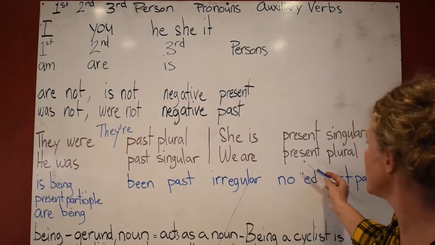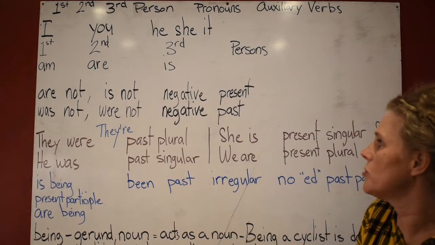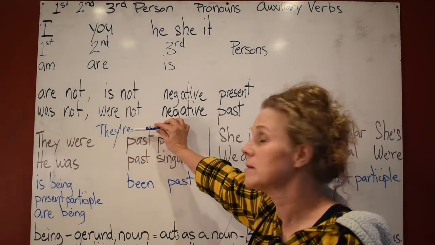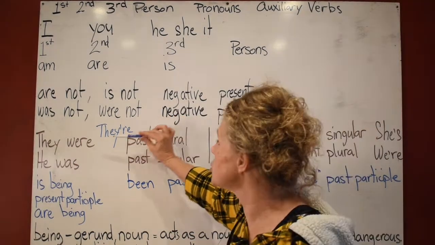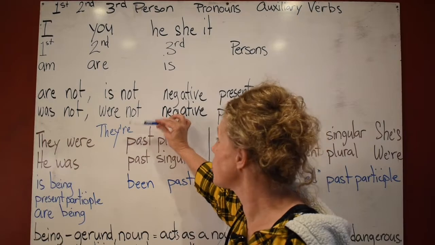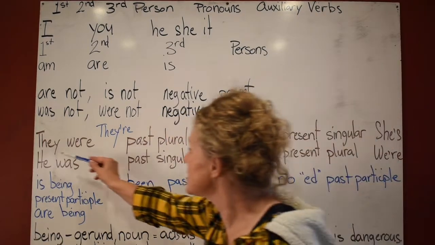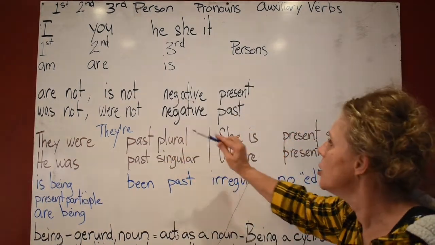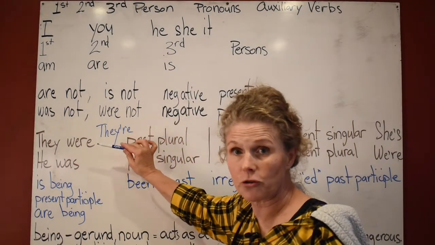And that puts you in a completely different tense. Okay? What kind of tense does this put you in? Puts you in the present plural tense. It's completely different. You have to be really careful. So if you're sitting in the past, you're not going to contract your subject and your verb.